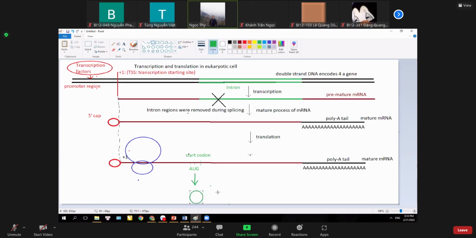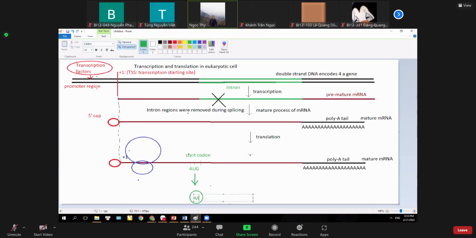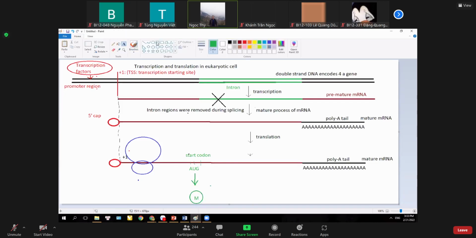The first amino acid is methionine here, and it will continue to synthesize another amino acid here, until it reaches the stop codon.